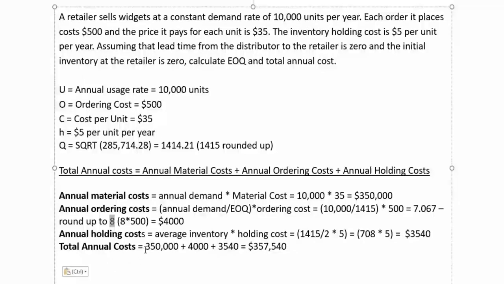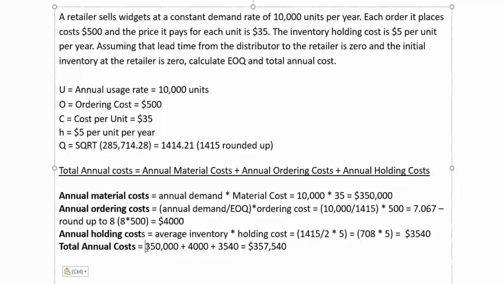The total annual cost will be $357,540. And if you play with these numbers, like let's say if you change the EOQ to 2,000 or 900, you'll actually see the annual costs fluctuate.